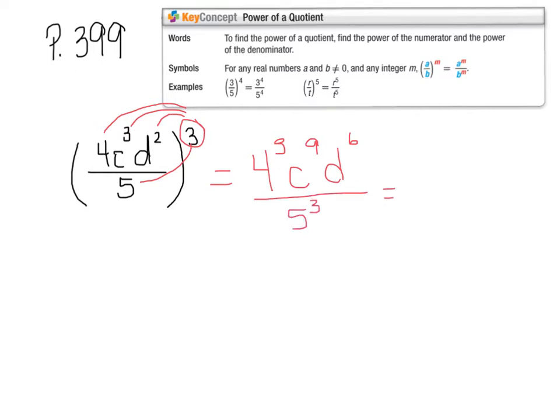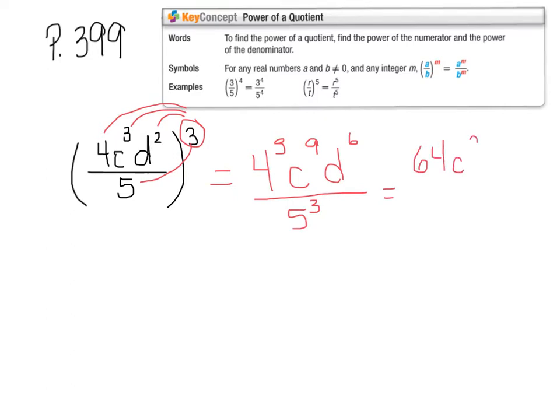And of course, when you can clean that up a little, you need to do so. 4 to the 3rd power would be 16 times 4, which is 64.